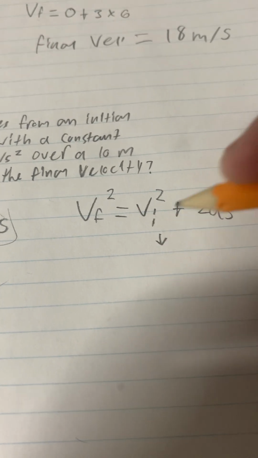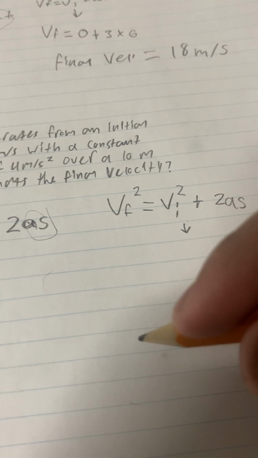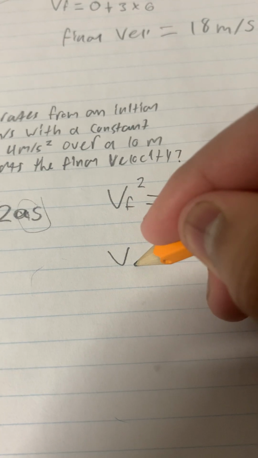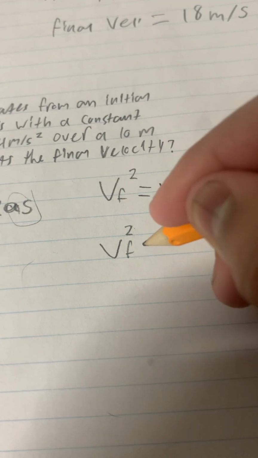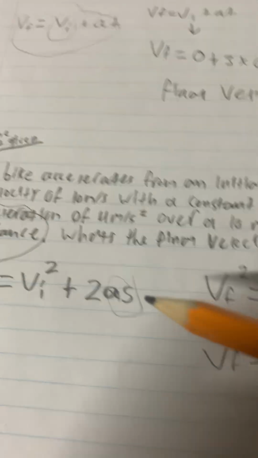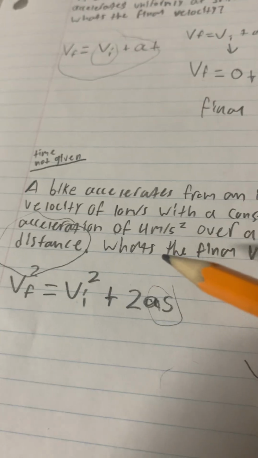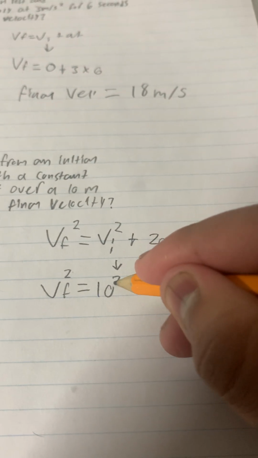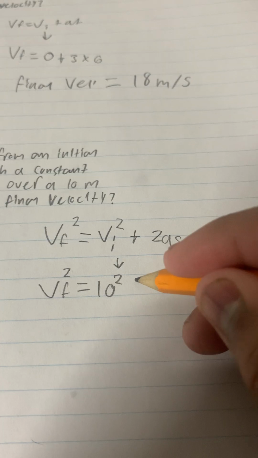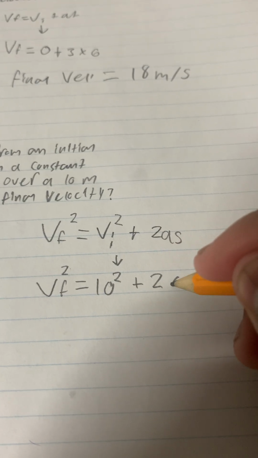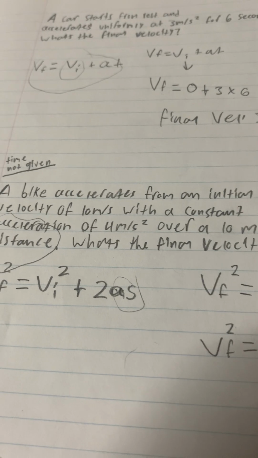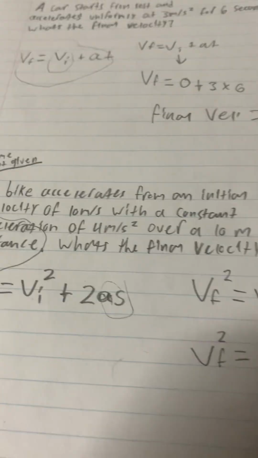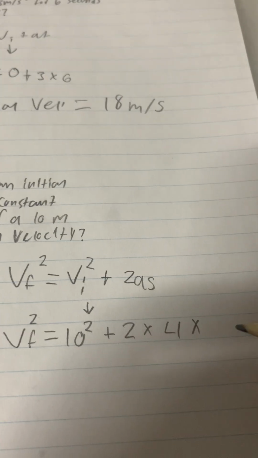Now we're going to plug in the values like we always do. Initial velocity of 10 meters per second squared, with a constant acceleration of 4 meters per second, then you multiply that with the displacement or distance.